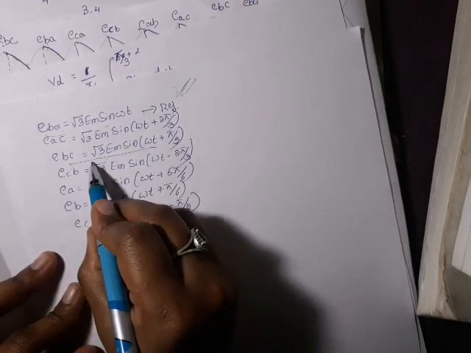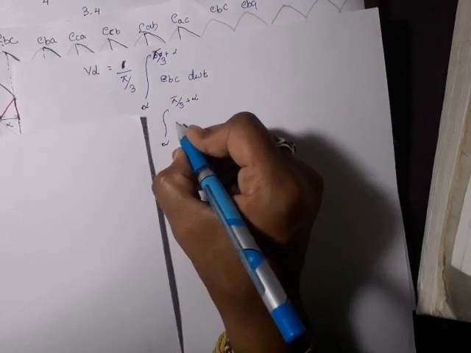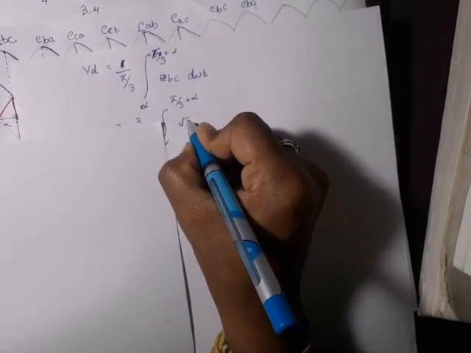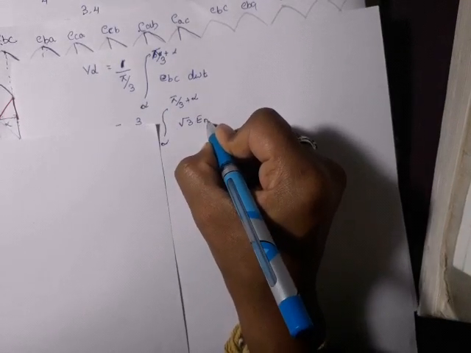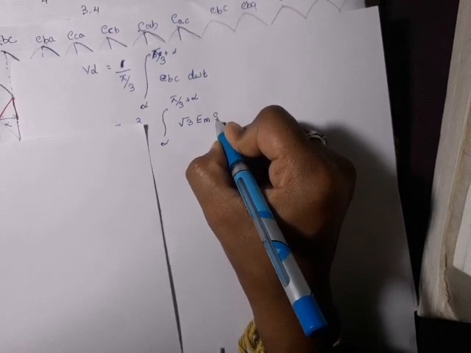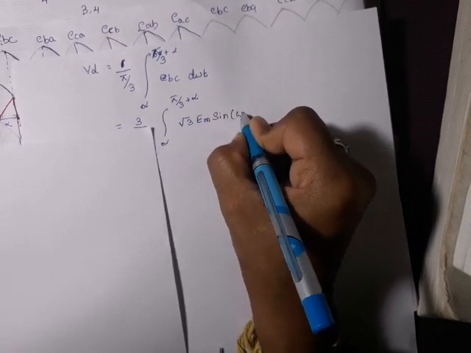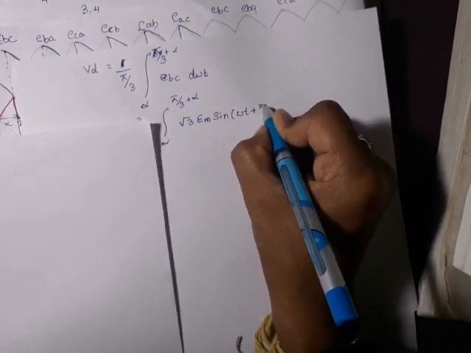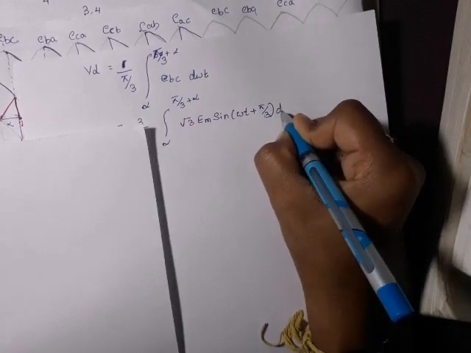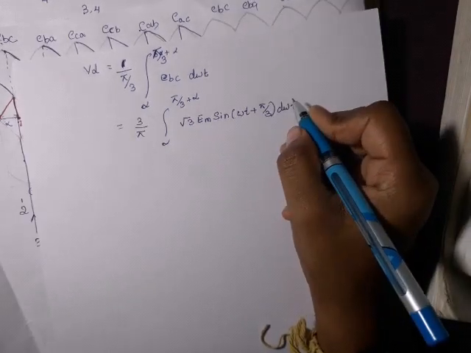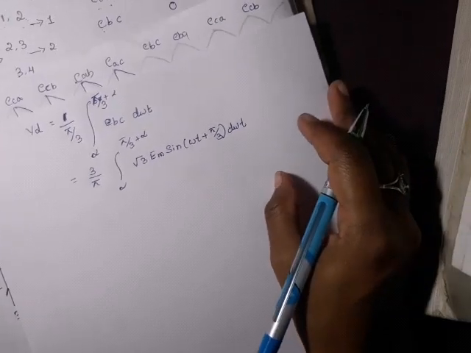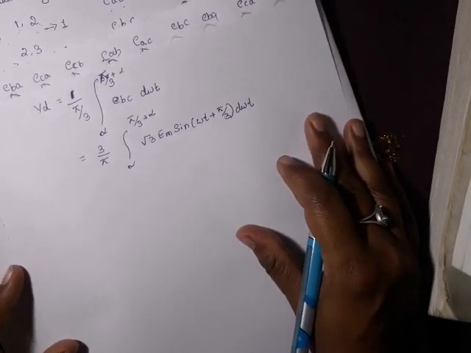Let us substitute that. EBC is given by root 3 Em sin omega t plus pi by 3, with respect to d omega t. So this is the thing.